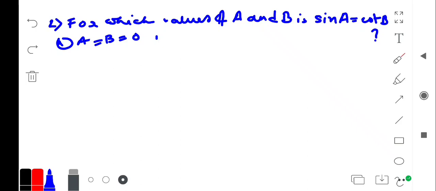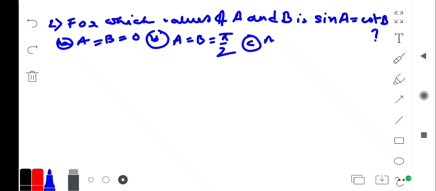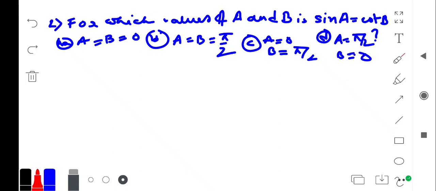Option B is a equal to b equal to pi by 2. Option C is a equal to 0, b equal to pi by 2. Option D is a equal to pi by 2, b equal to 0.